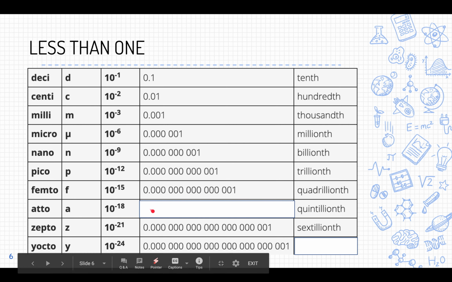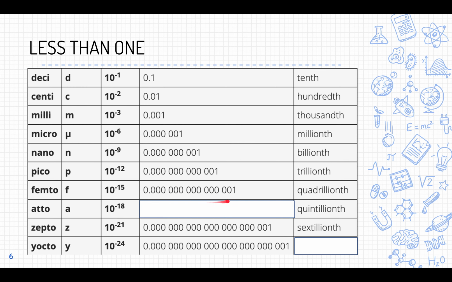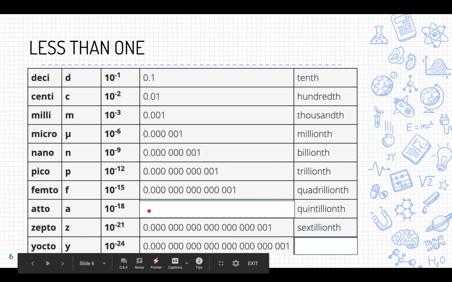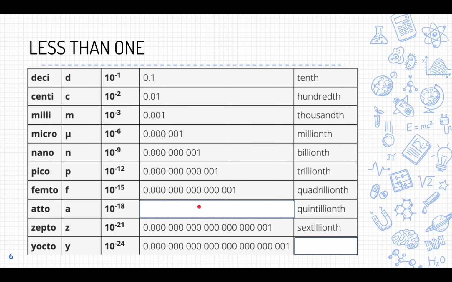Let's do this blank right here real quick. So if this is 10 to the negative 15, and this is 10 to the negative 18th, we'll have 3 additional values. So this would be 0.000000000000000000001. I can't say zeros anymore.